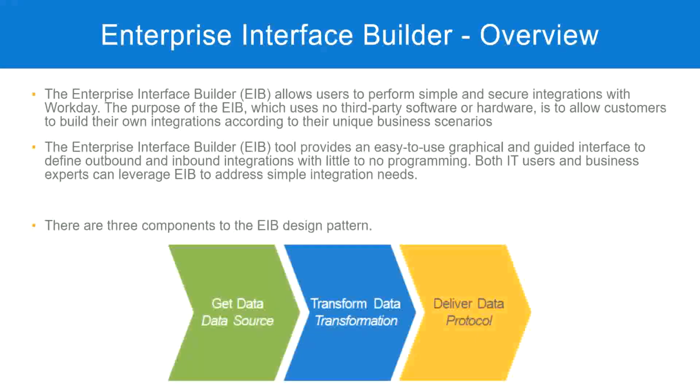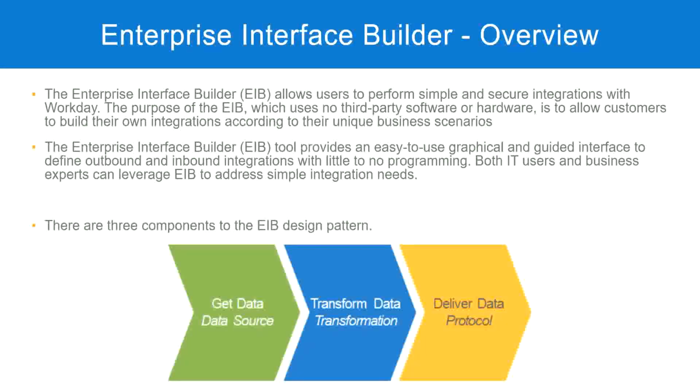The second step would be to modify the data, or translate the data, or transform the data into a format expected by the recipient. You have to convert it to a format expected by the recipient. That is transform data. The third step will be to send the data to the recipient, or to deliver the data.